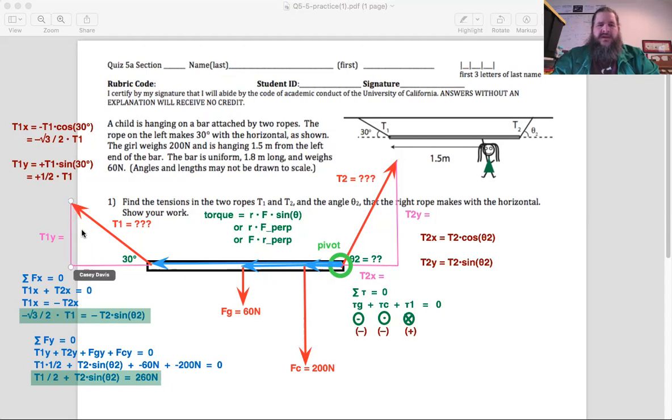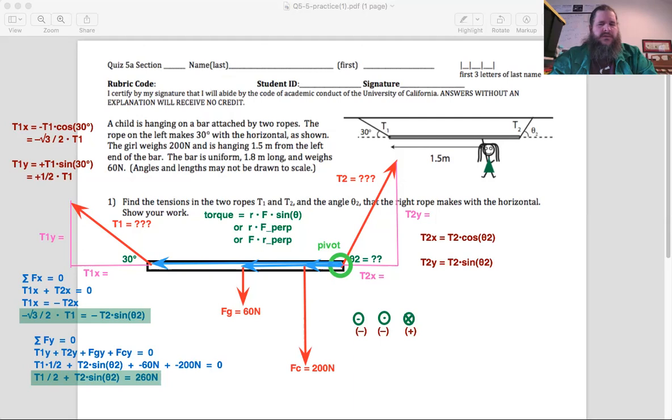So you could write the torque from tension 1 as the moment arm times just the perpendicular component of the force, which would be T1y. So the torque for T1 could be written as tension 1 times the radius. And what's the radius? What's the moment arm from the pivot point all the way to that location? 1.8. Yeah, that's the full 1.8 meters, the complete length of the beam.